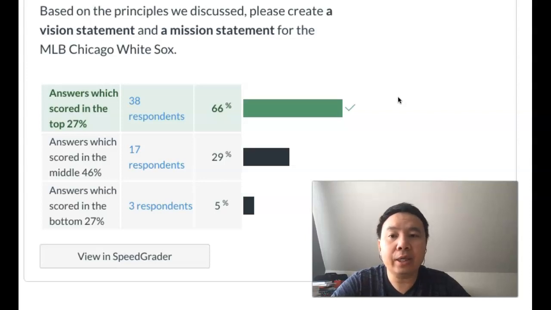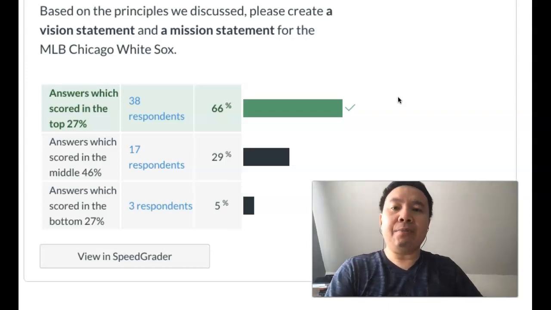The goal for the Chicago White Sox is to provide the best sports and entertainment to the greater Chicago area. Also, you can talk about how the Chicago White Sox would like to commit to local communities, or be responsible for promoting baseball in the area. That could be something you consider including in the mission statement.